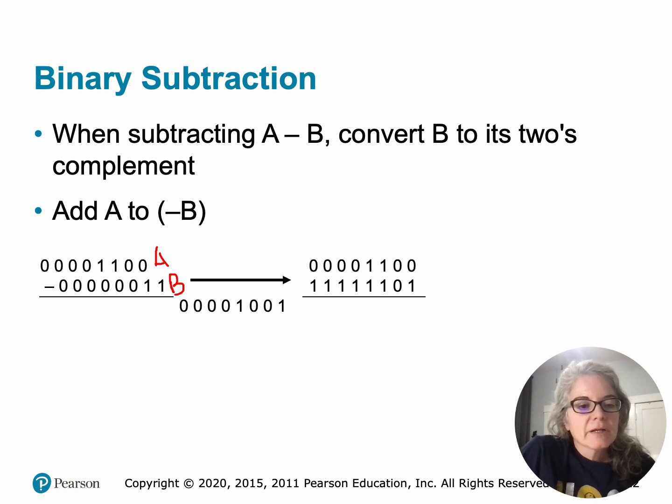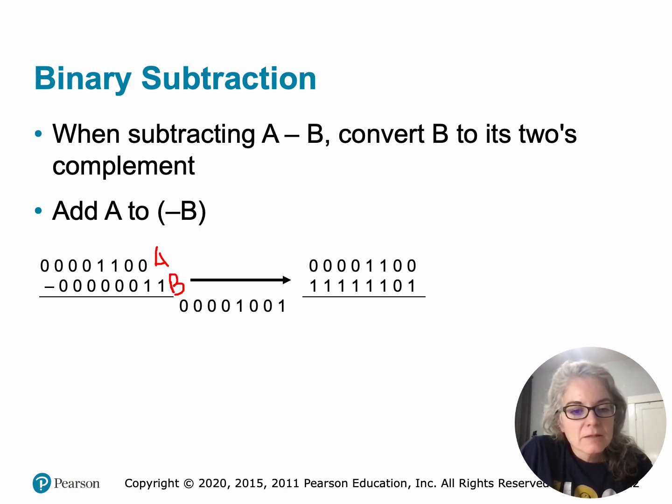The first thing we're going to do is take b and reverse its bits. So we have 1, 2, 3, 4, 5, 6 bits. We convert all these zeros to 1, these two are converted to 0, but remember you have to add 1 to the end.